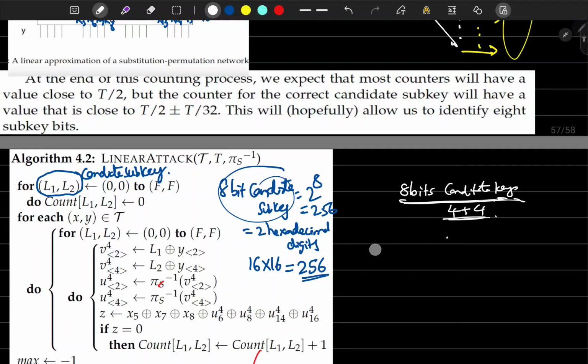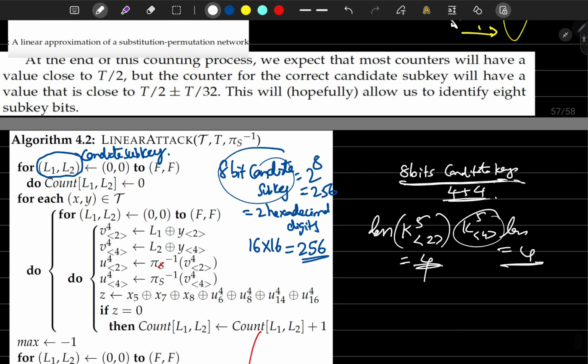So the candidate subkeys. Tell me the length of this. Mod is used for cardinality, for sets, but this is a normal string, so we write len, and this len value is 4.